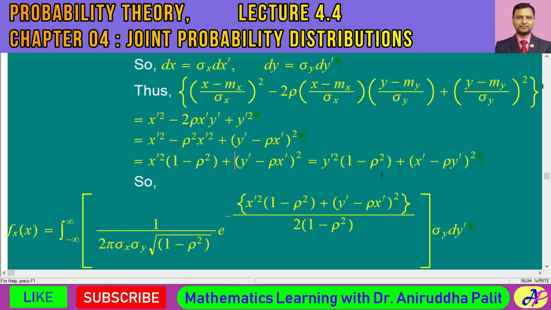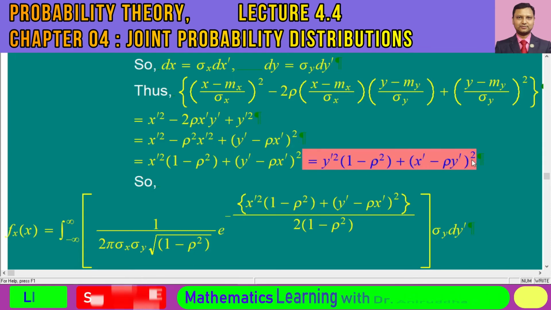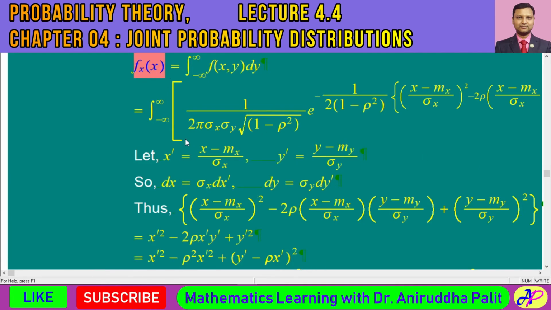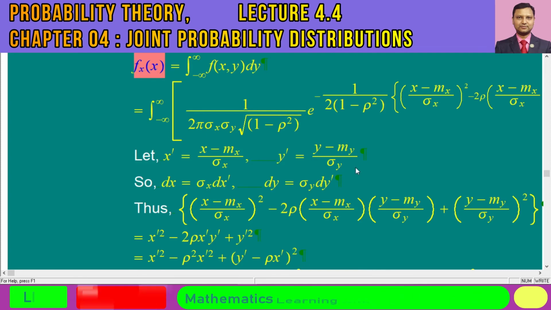Similarly, there is a similar step for x prime, which would be helpful in order to compute the marginal density function of y. Over here we are just computing the marginal density function of x. Similar computation can be performed in order to find the marginal density function of y.